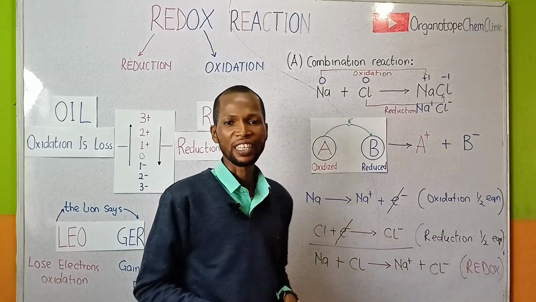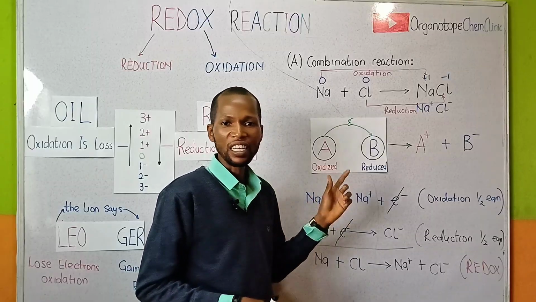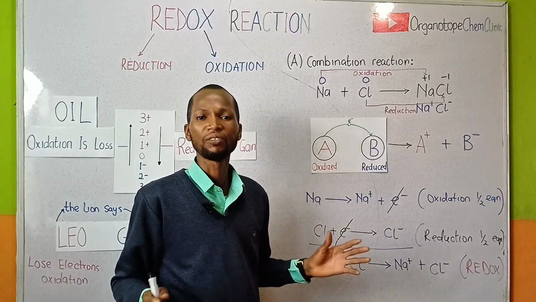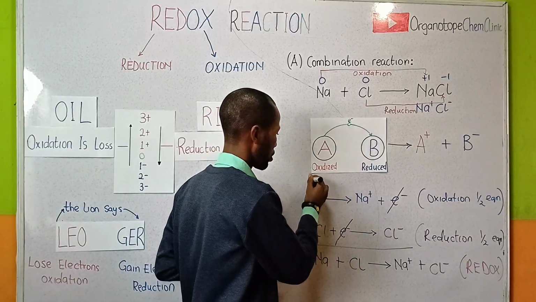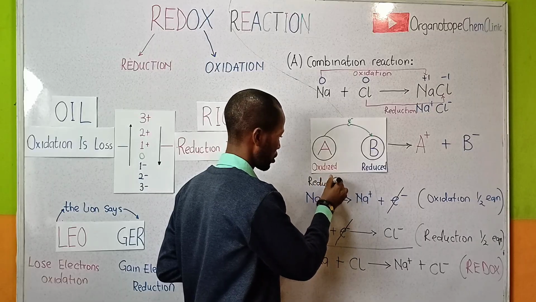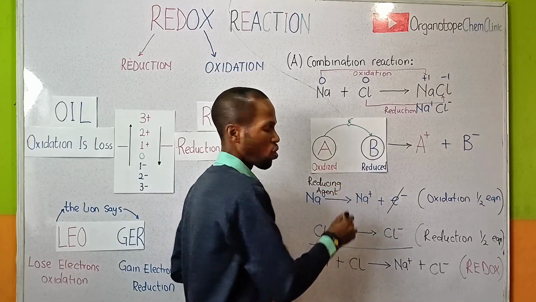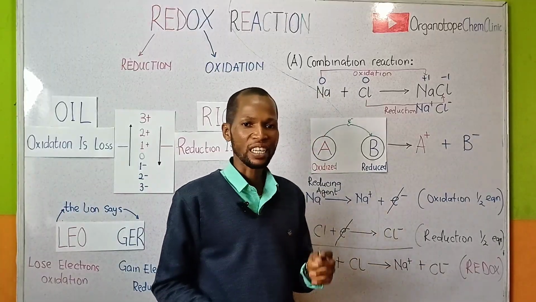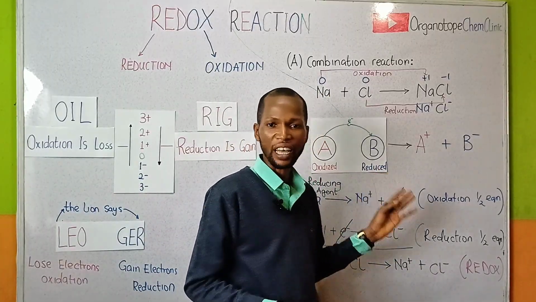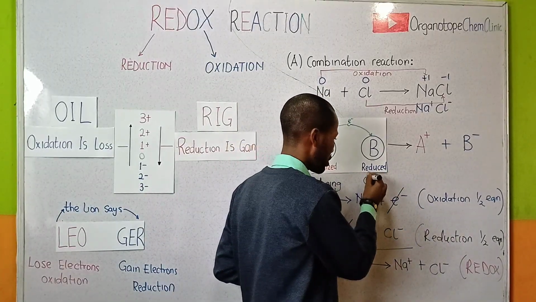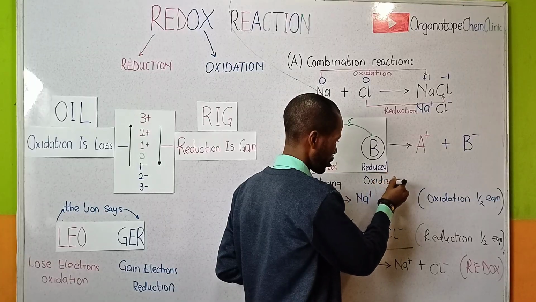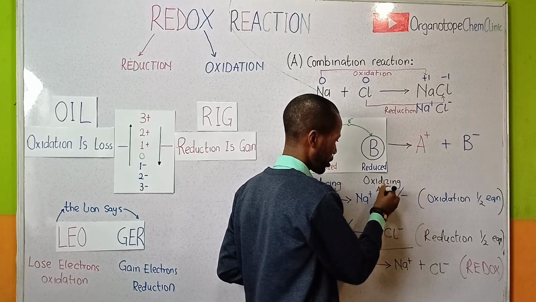Therefore, a substance that is oxidized is said to be what? The reducing agent. While a substance that is reduced is said to be what? Oxidizing agent.